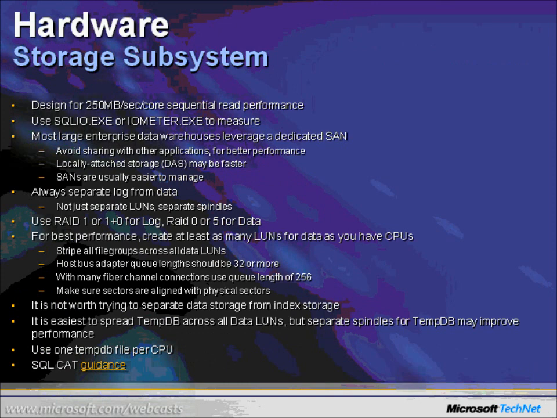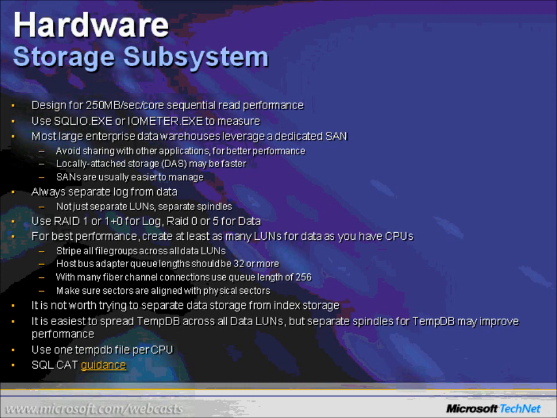Equally as important to the CPU and memory resources that you have for your data warehouse is the hardware that you have for your storage system. A rule of thumb, if you remember anything from this slide, just remember this: design for 250 megabytes per second of sequential read I/O performance per core.